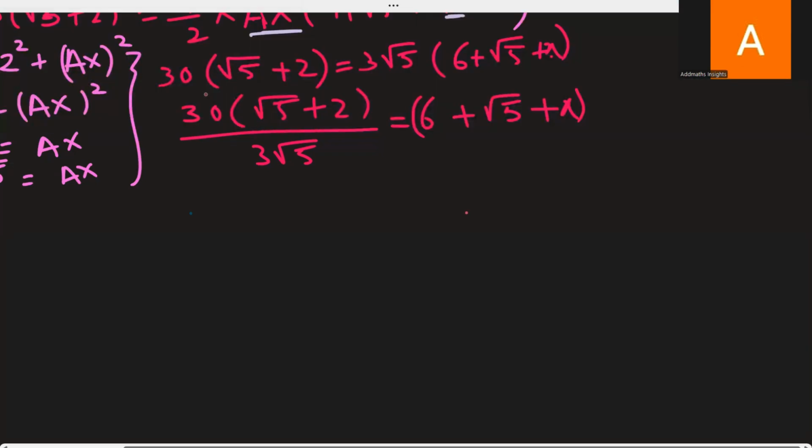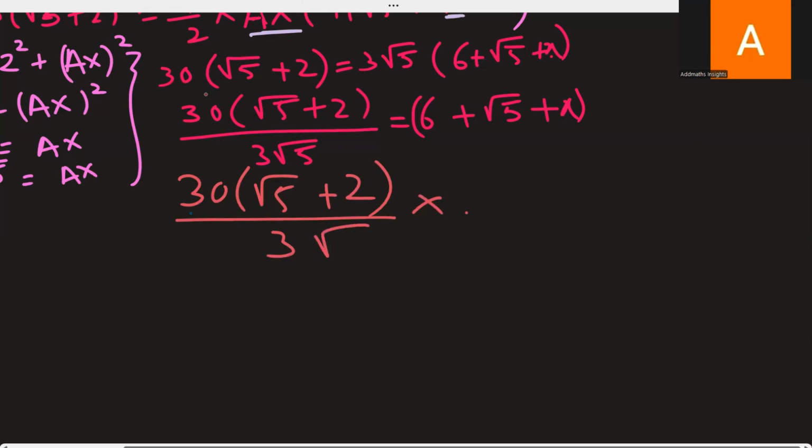Now first we remove this surd form from the denominator. So you can write here 30 times under root 5 plus 2 over 3 under root 5. We divide and multiply by under root 5. So you are left with 6 plus under root 5 plus x.